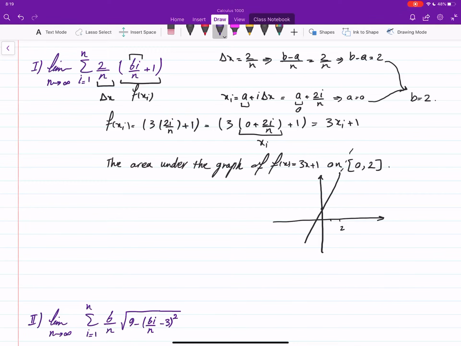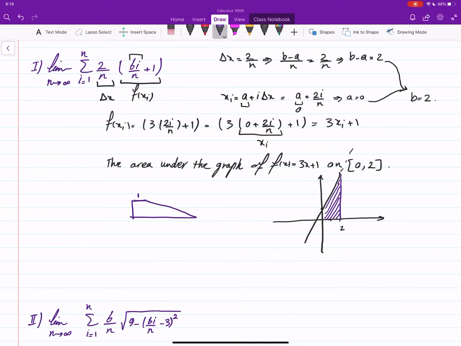Now we are trying to find this region here. This is a nicely shaped region. We can find the area of that using this value, which is 1. So basically we have a thing like this.